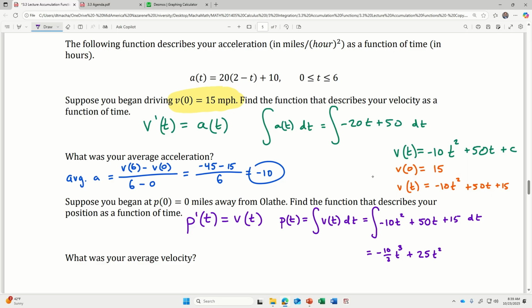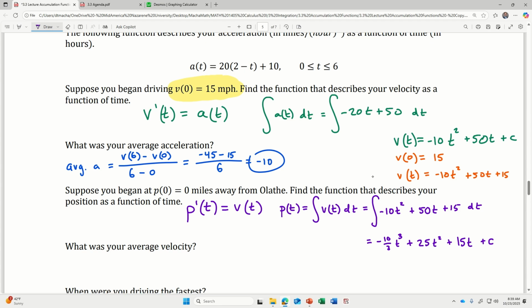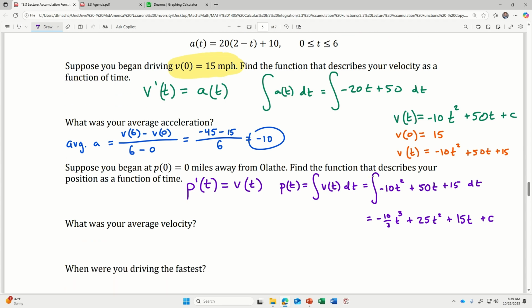What's the antiderivative of 15? 15t, plus c. And that c could be anything.